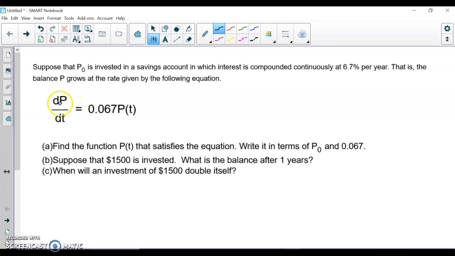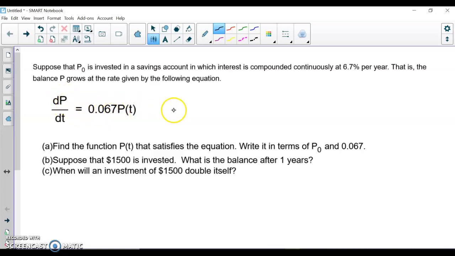What it says is, we have a derivative, right? Notice this is in the form of a derivative. It says dP/dt. So it says the rate of change in P with respect to t. So perhaps this is P, meaning the money in the account, with respect to time, being the t. So the growth rate of P with respect to t is equal to some percentage of P itself.